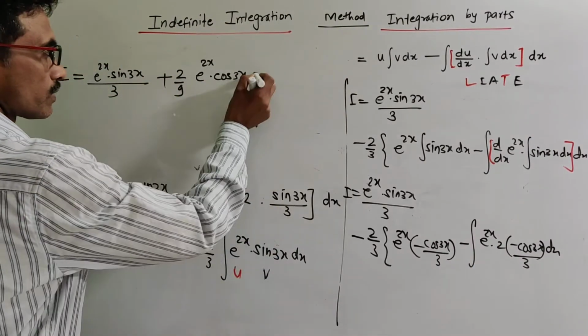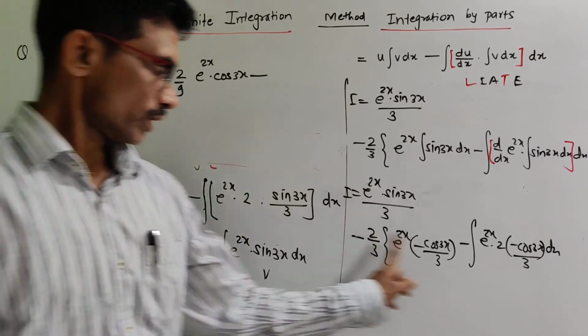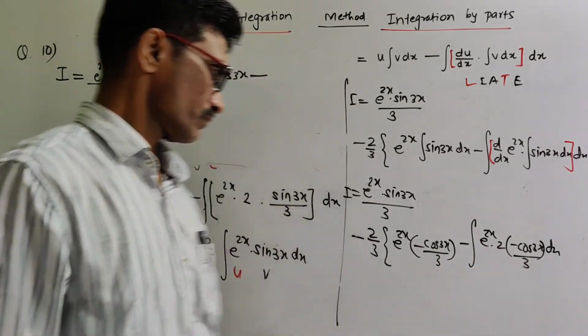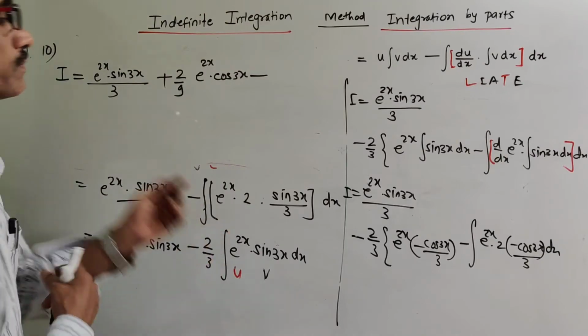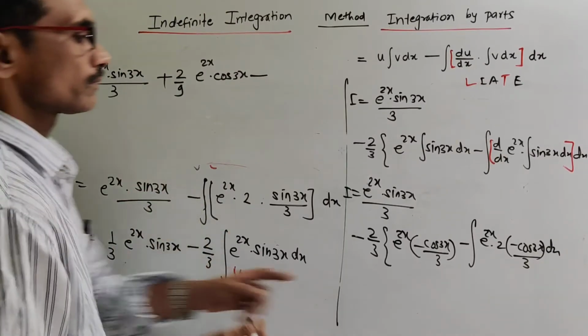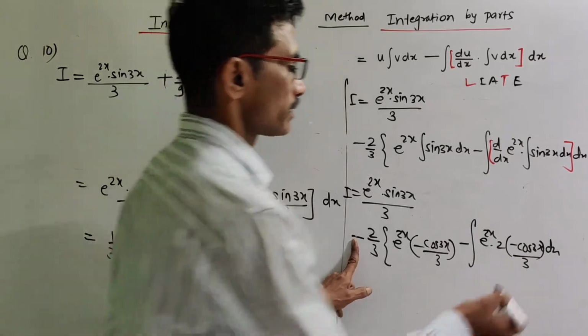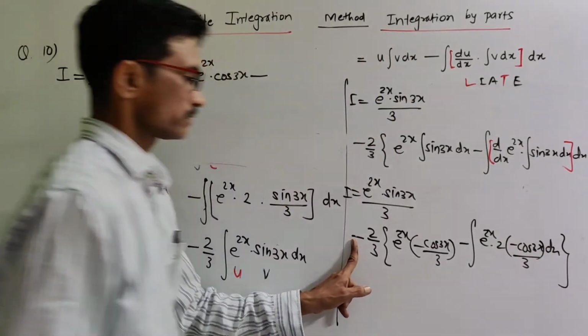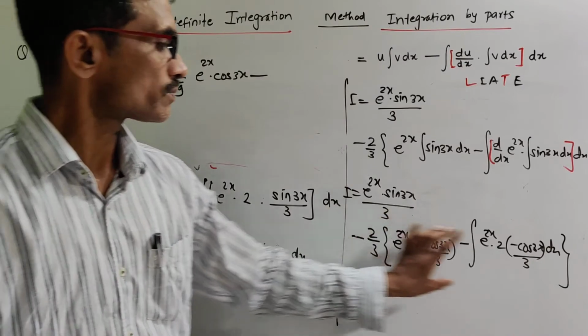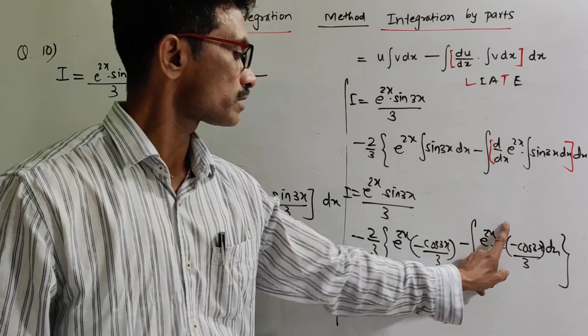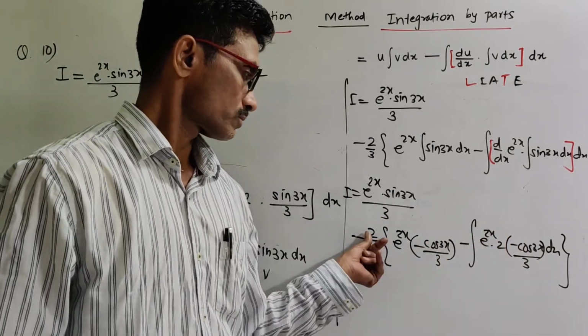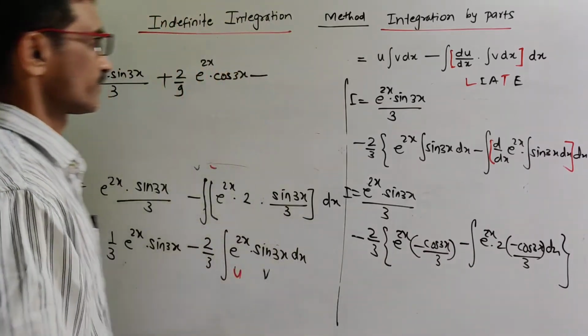This minus 2 by 3 is outside the curly bracket and is multiplying to this term also. So it is 4 upon 9.